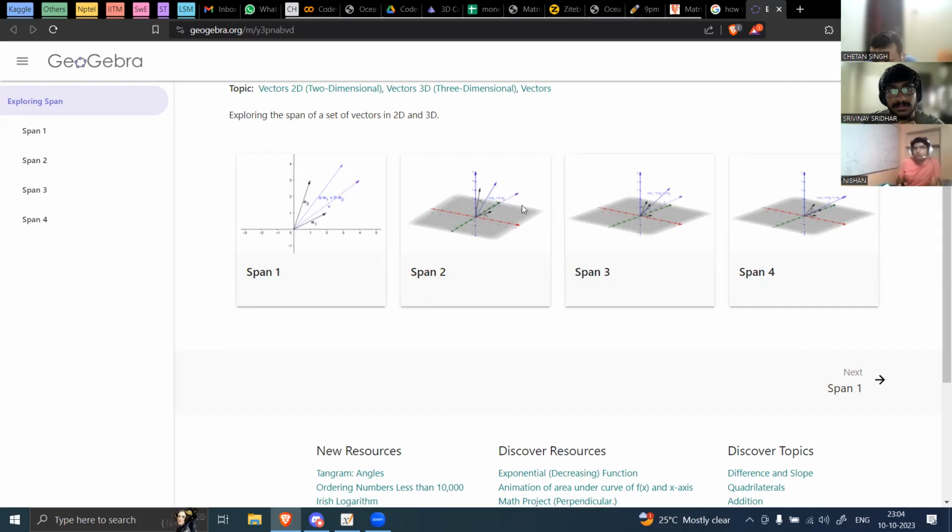We'll need an equation for a plane, or a plane itself. It'll be easier to reference if there's a plane. Yeah, you're right. Span one, span two.